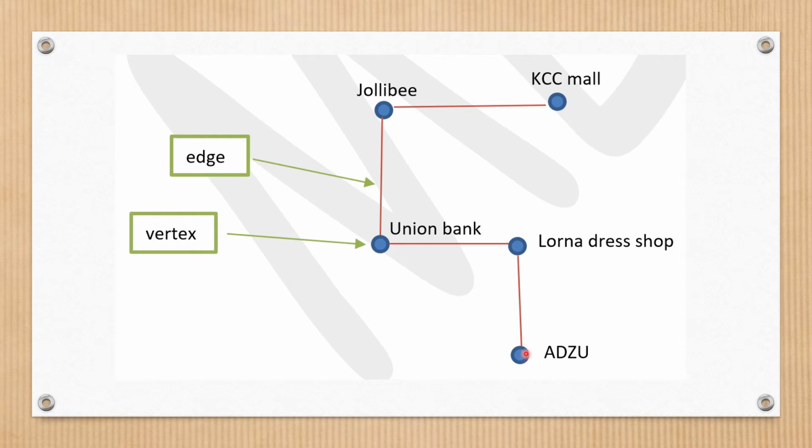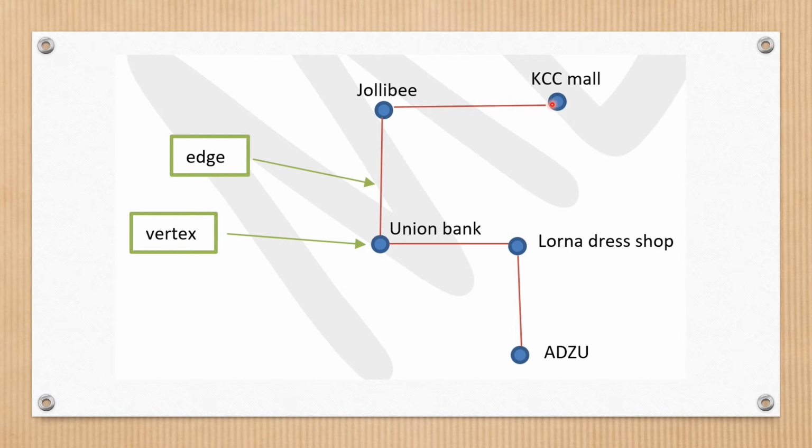Each is represented by a corresponding vertex, and the connections between these popular buildings or areas are represented by edges.